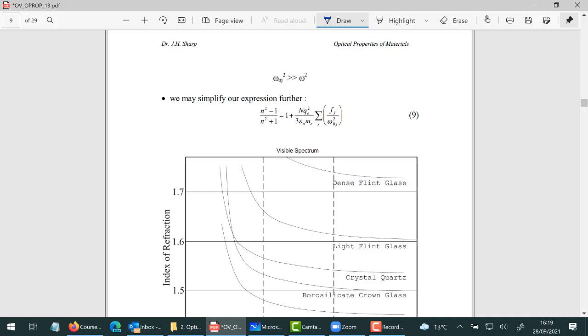If we're very, very far away from the resonance, if the natural frequency is much, much bigger than omega squared, then the equation can be simplified even further, and it becomes essentially a constant. So for frequencies which are very small compared to the resonance frequencies, the refractive index will tend towards some fixed value.